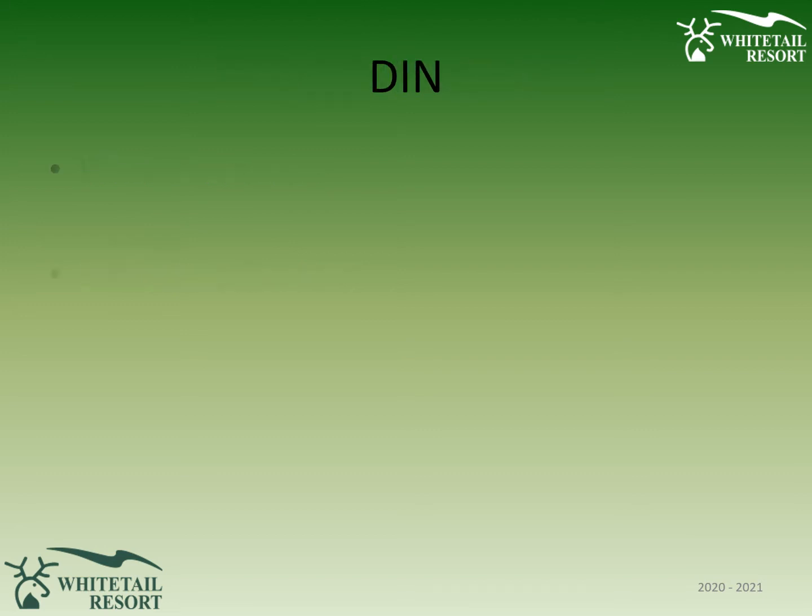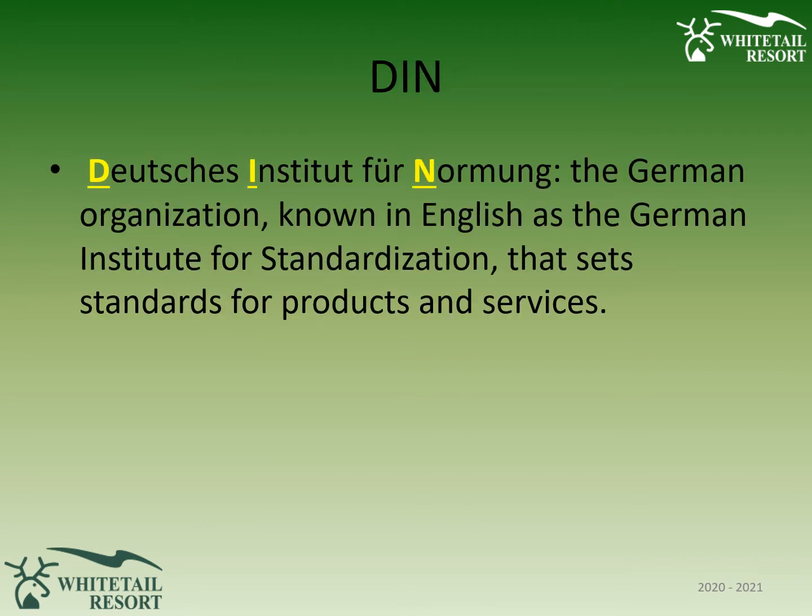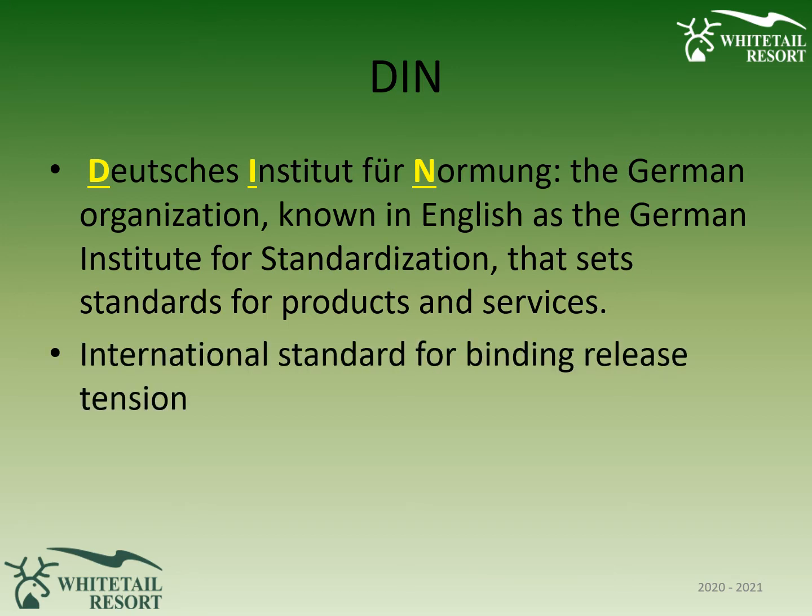it. What is DIN? DIN is an abbreviation that stands for Deutsche Institut für Normung, a German organization that sets standards for various products and services. The DIN setting is a measure of binding releasability if physical forces on the binding exceed the setting on which the binding is set.